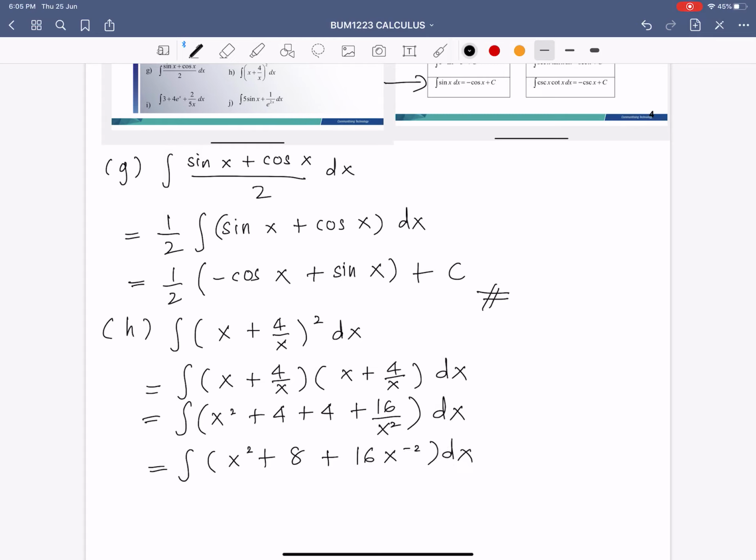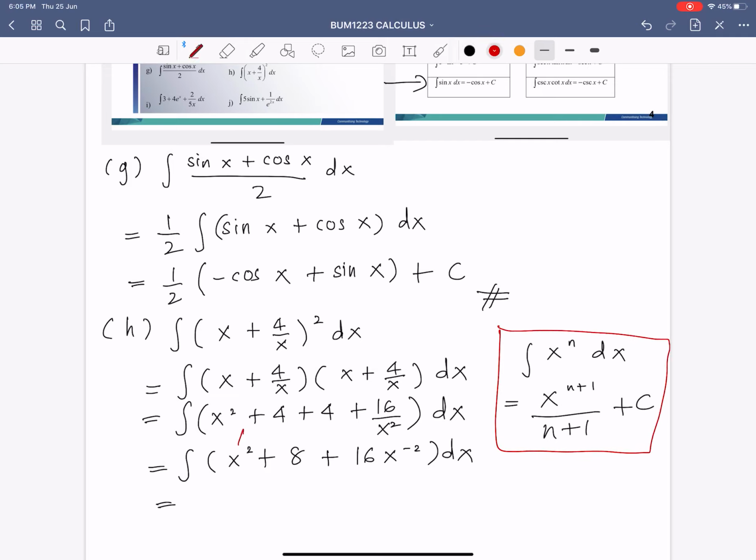Where x squared is in the form of x to the power of n, where n is equal to 2 in this case. We want to use the power rule formula, where the integration of x to the power of n dx is equal to x to the power of n plus 1 over n plus 1, plus c. So the integration of x squared will be x to the power of 2 plus 1 over 2 plus 1, plus, okay, 8 is a constant.